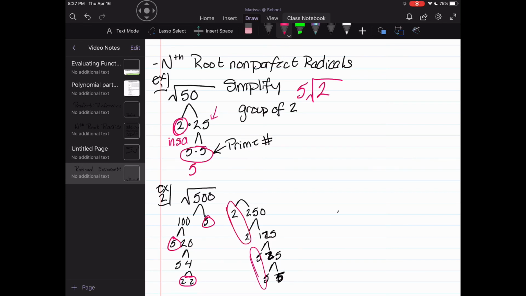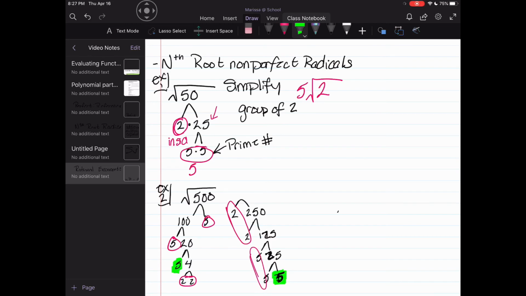Either way works. So this means if I'm looking at the column on the left, the only number that I don't use that's by itself in my tree is this 5. So the 5 will stay on the inside, and I can group the other 2 on the outside. On the right column, again, the 5 is the only thing left in my tree.